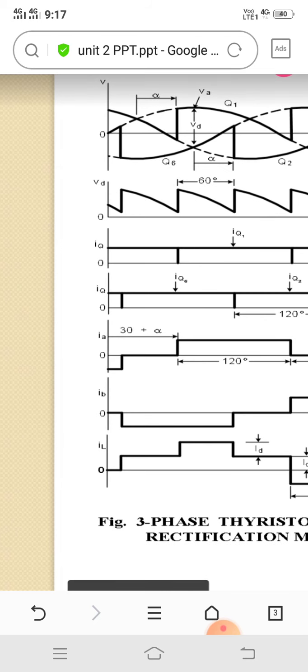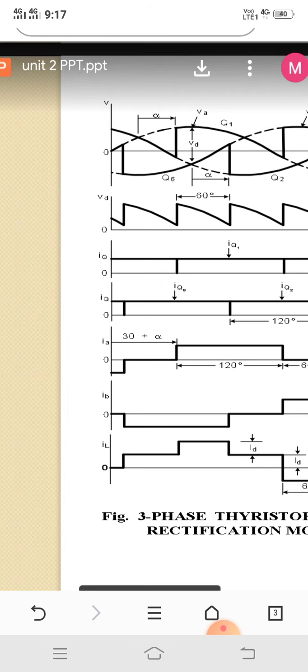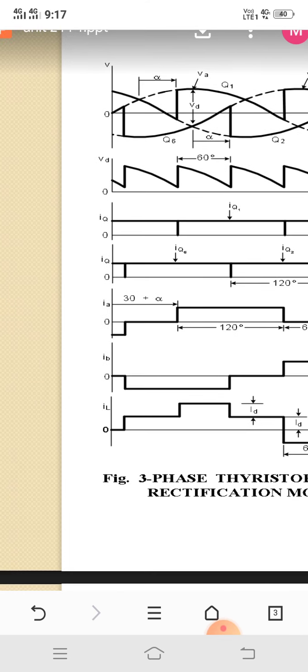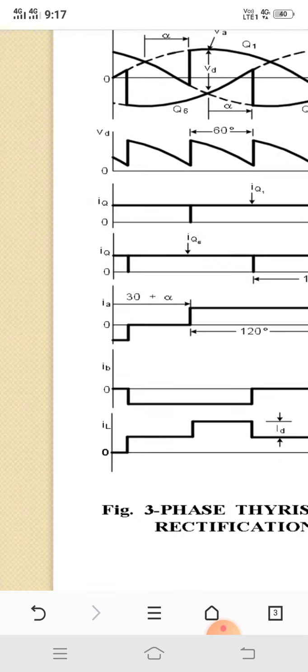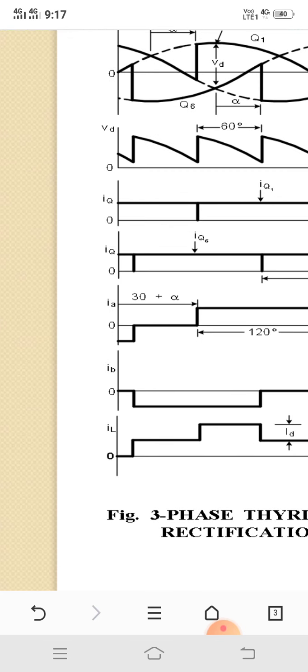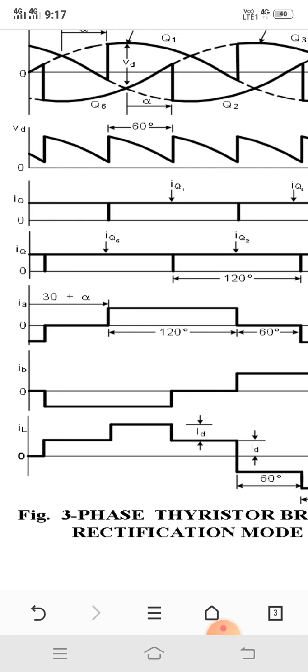V is the input AC voltage, VD is the output DC voltage. Then IA is the first phase current, IB denotes the second phase current, and IC denotes the third phase current. This is the representation of the outputs given by the three-phase DC motor drive.